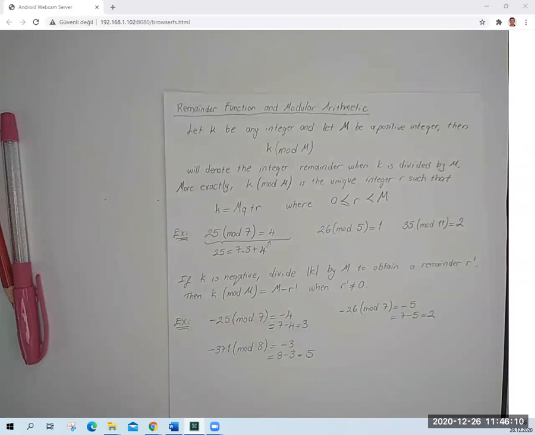Okay, new one, what do we have? Exponential function.